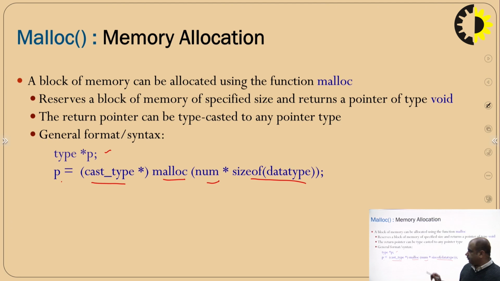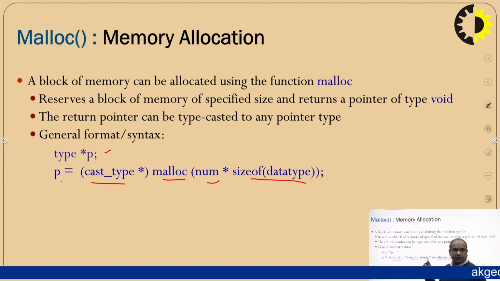We can use cast type, malloc, and size of data type, or we can say number of elements, and that particular size is automatically allocated.